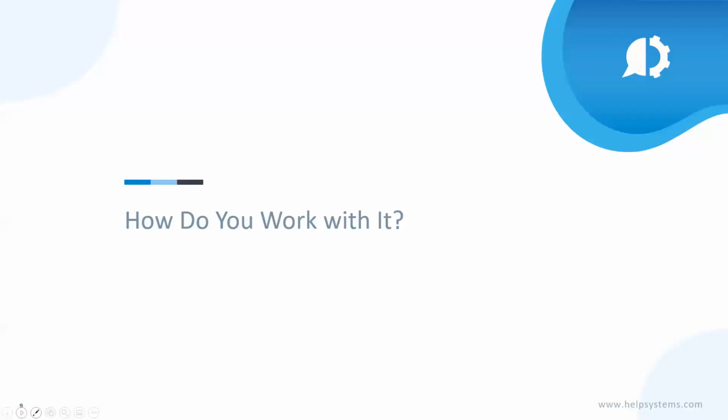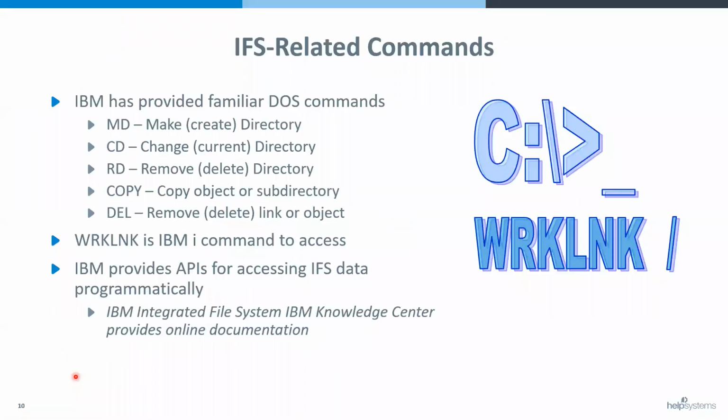Let's move on and get into how do you work with it. First of all, Carlos already talked about being able to work with it through the link commands. It's kind of goofy, but one of the commands that exists on your IBM i system is WRKLNK. So from a green screen, you can type in WRKLNK with a / and see basically the root directory on the system.